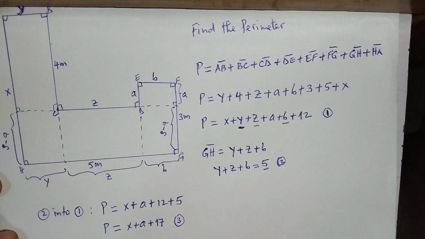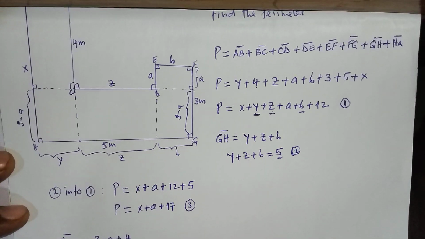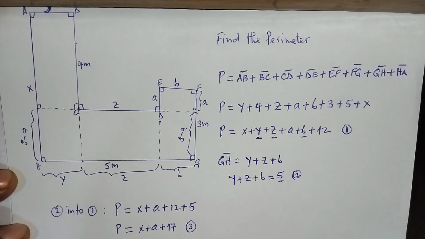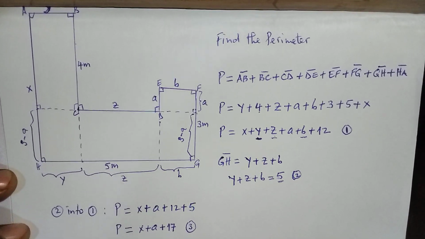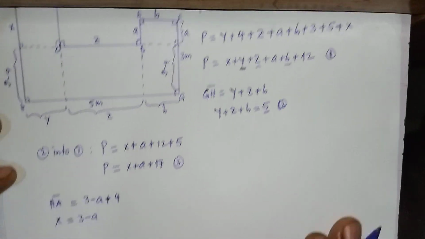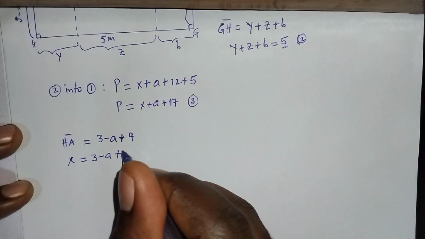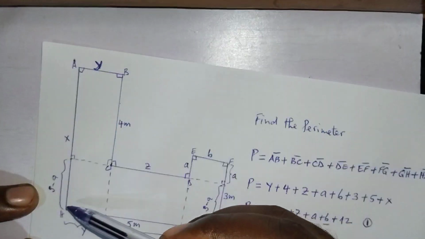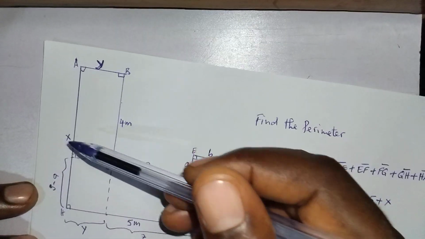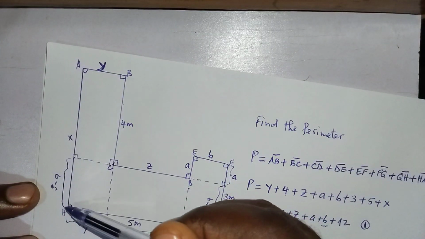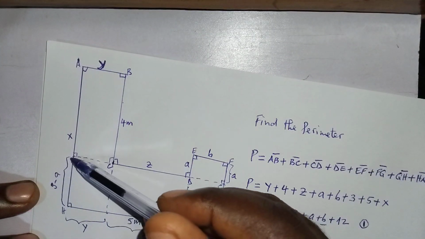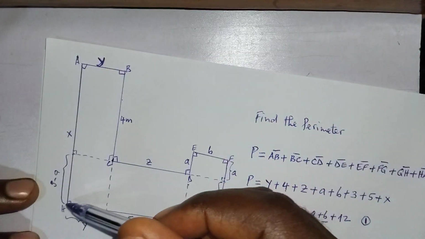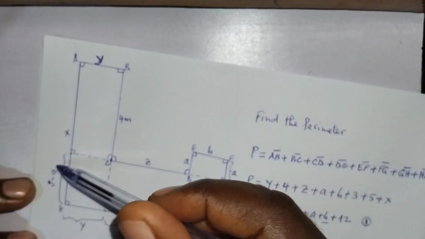Yes, HA is equal to x. X is equal to 3 minus a plus 4. This side HA, which is equal to x, is equal to this one, which is equal to 3 minus a, plus this side, which is equal to this 4. This x is equal to 3 minus a plus 4.